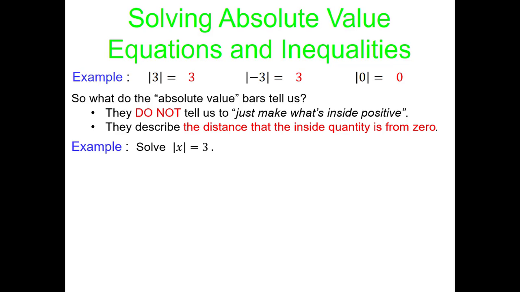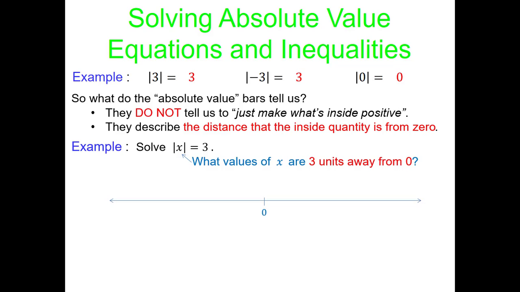Let's take a look at that if we were to now look at the absolute value of x equals 3. Notice that x is a variable, and our job here is to solve for the value of the variable that's going to make this statement true. And so we need to think of a number line and recognize that we're saying what values of x do we plug in that will be 3 units away from 0. Well, on our number line, you can notice that the value of 3 is 3 units to the right of 0.